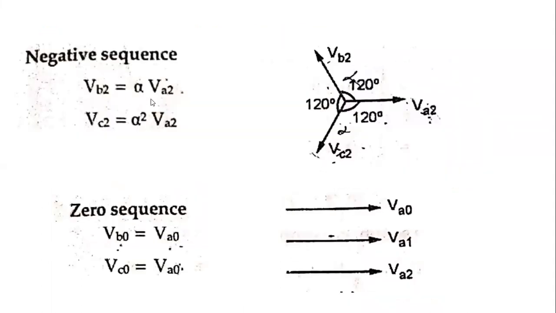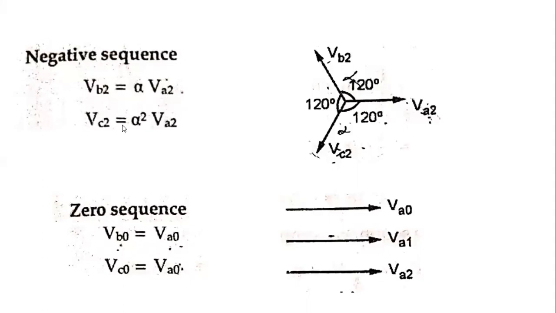Similarly, we write the negative sequence components. What are the negative sequence voltages? The angle between A and B is alpha, so VB2 is equal to alpha into VA2.